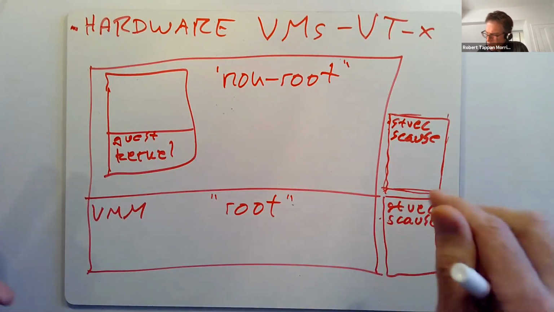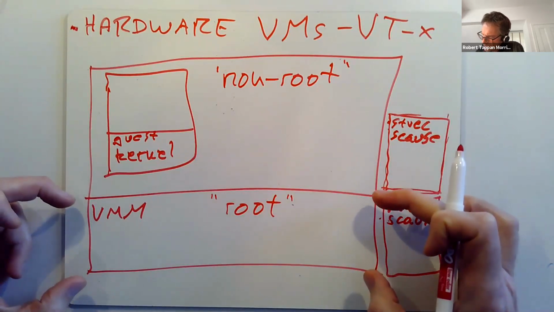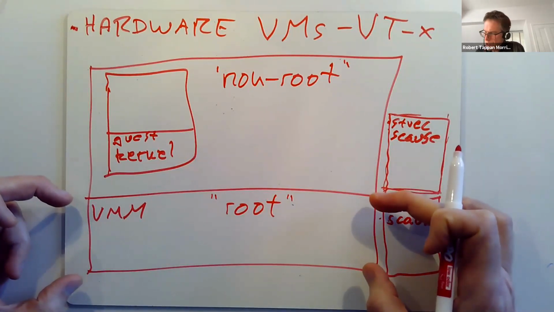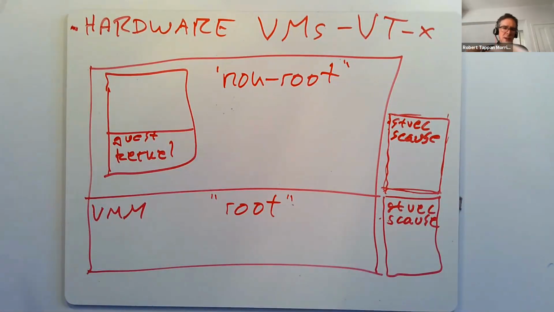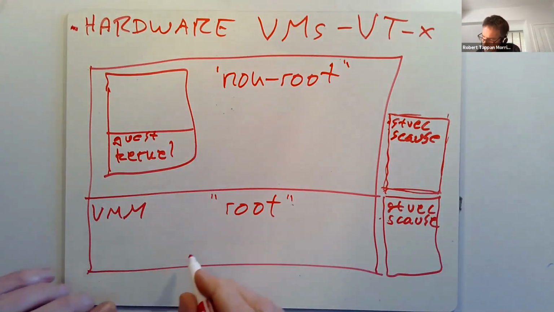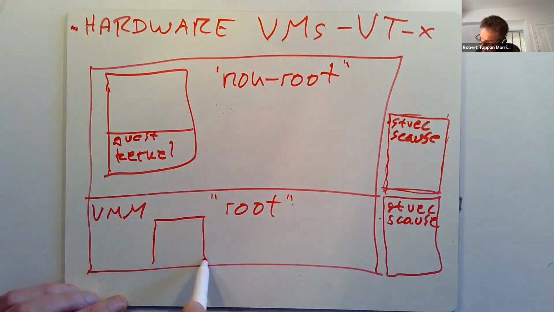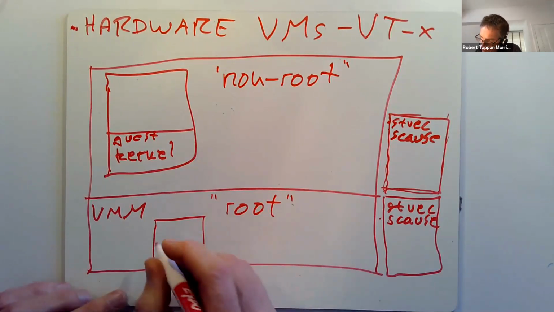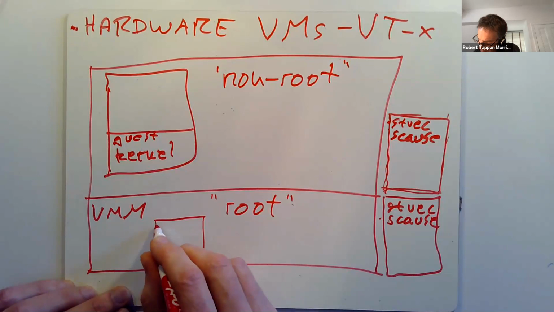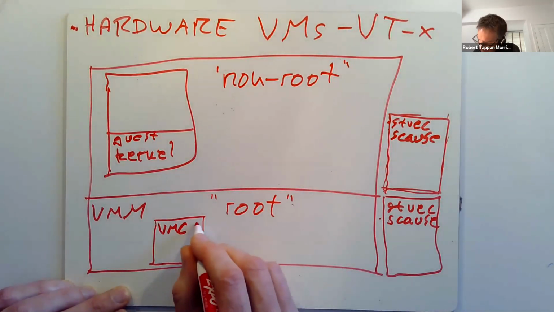You still have to, there's a whole bunch of stuff involved in configuring this. When the virtual machine monitor wants to create a new virtual machine, it actually has to tell the hardware. And so down in the virtual machine monitor's memory, there's this structure that the virtual machine monitor and the VTX hardware use to communicate, which is called the VMCS or VM control something structure.